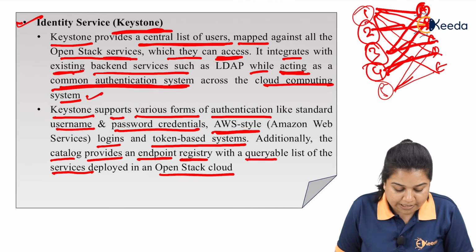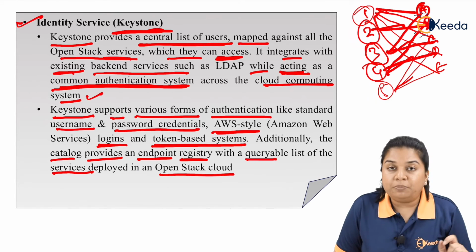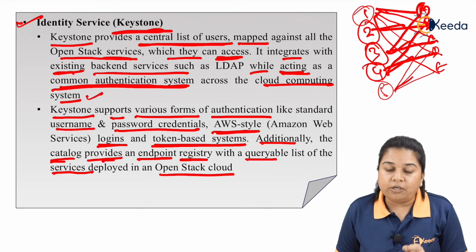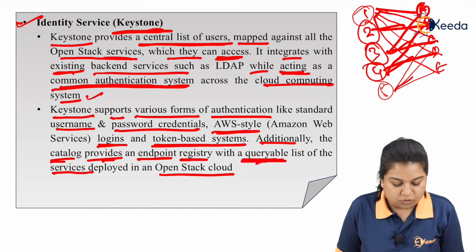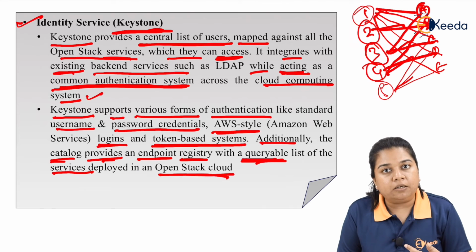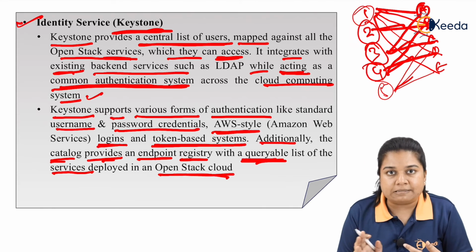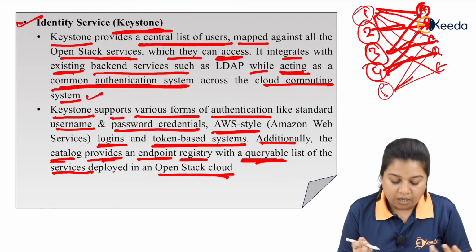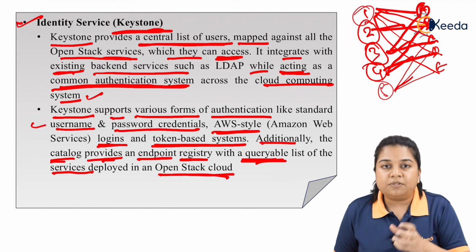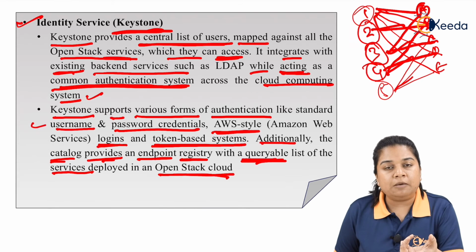Then AWS style logins and token based systems. Additionally, the catalog provides an endpoint registry with a queryable list of the services that are deployed in OpenStack. So it has various forms of identification of any user who is accessing the services, like when we enter Google services or any of the email services.